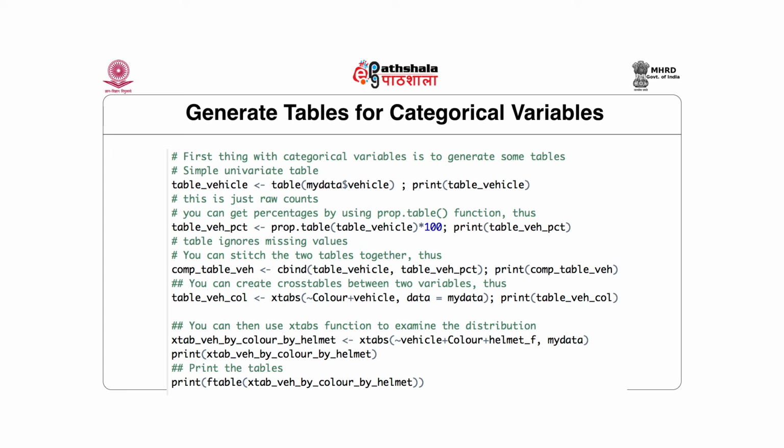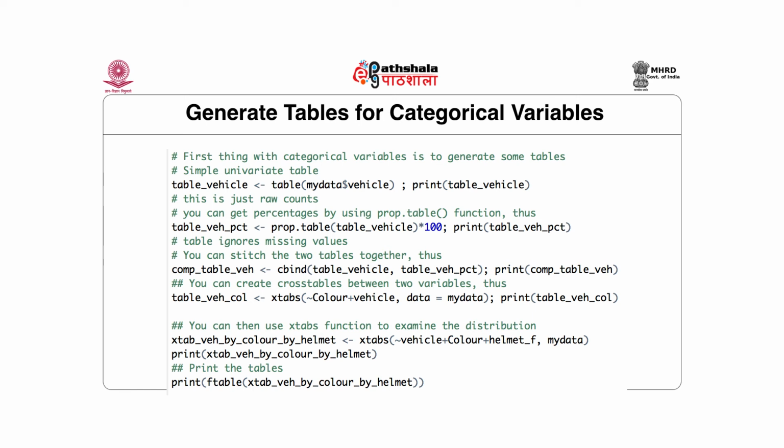For that, we use what is known as a column bind of two matrices, put them together, or say cbind. Then we put the table of vehicle, which is the matrix produced by the table function, and we create the prop.table times 100, the proportions, and then we bind them together. In this way, we get a very neat table with the raw numbers and the percentages. You just do it yourself and you can see what I mean by this.